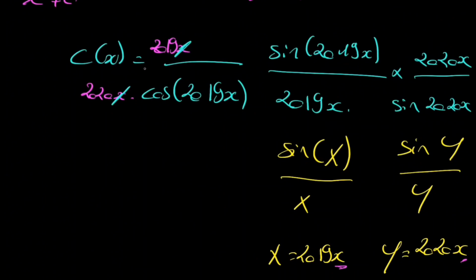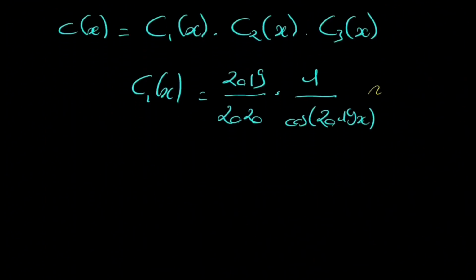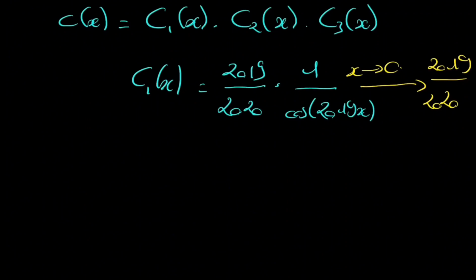So this part of the function will tend to, we just said it, 2019 over 2020, of course, times 1. So it will tend to 2019 over 2020 when x tends to 0.